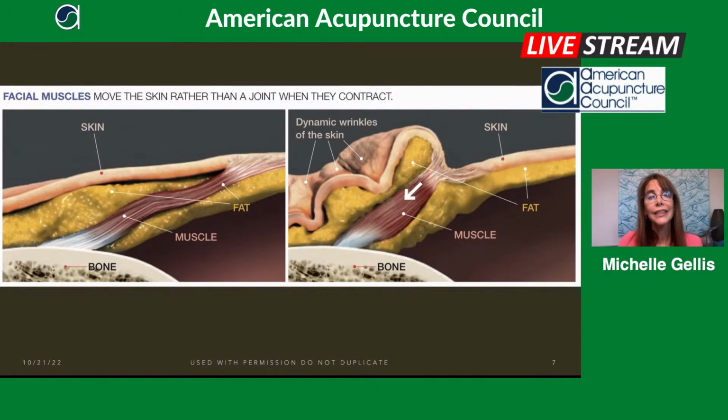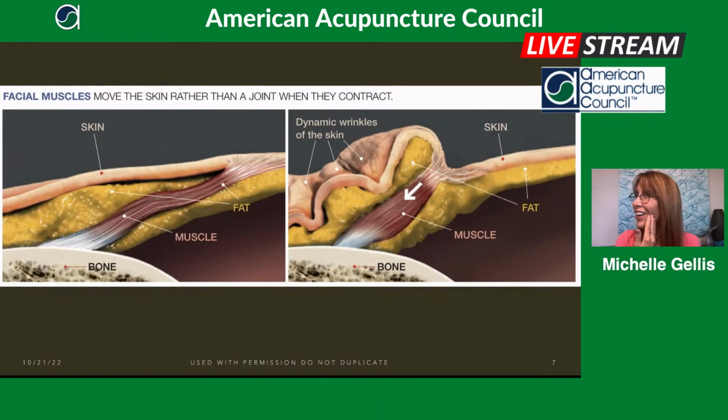So one of the things that can happen is, so here's the bone, and here's the fat and the muscle and the skin. And what can happen is, as the muscle contracts, the skin gets pulled towards the bone, and we can get this kind of wrinkling of the skin, right?